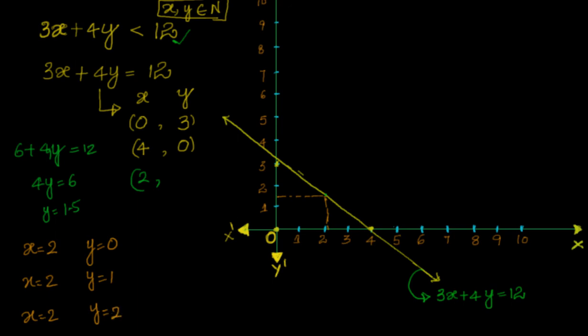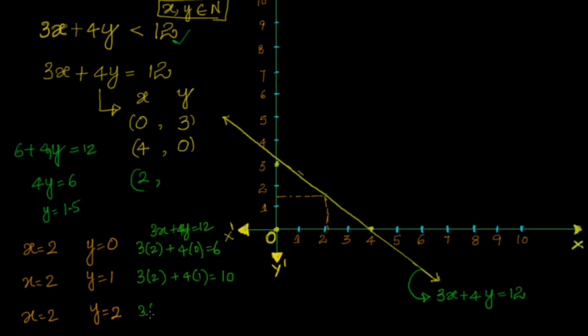We know that if 3x plus 4y is equal to 12, then you are on the straight line. If I take x equal to 2, y equal to 0, this becomes 3 into 2 plus 4 into 0, that's equal to 6. Similarly, if I take x equal to 2 and y equal to 1, I will get 10.